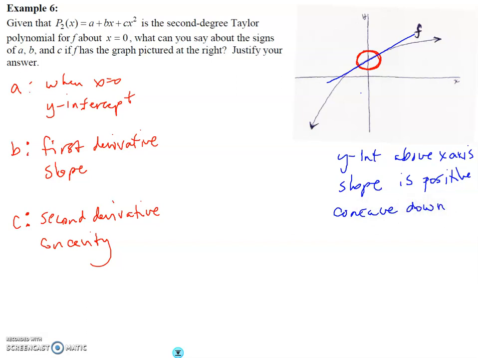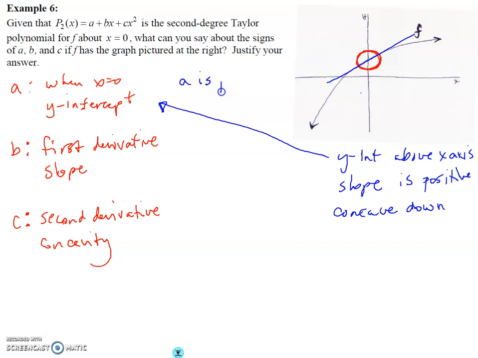So using that information, we can determine whether or not a is positive or negative. So based on this, a is above, so I know a is positive, or a is greater than 0. Well, it asks for the sign, so since it's asking for the signs, let's actually talk about positive and negative.